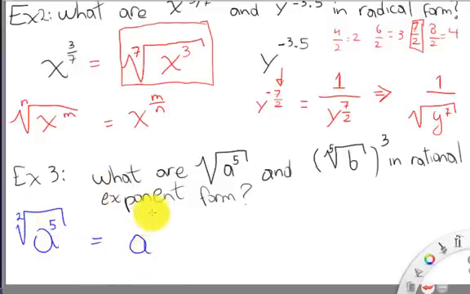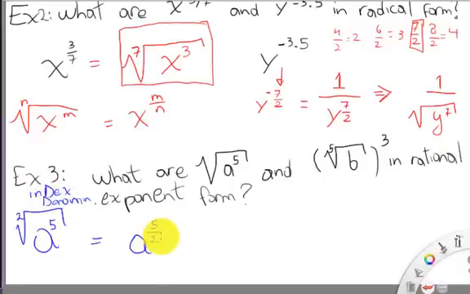The exponent inside is the numerator, and the index, remember, index has a d, is my denominator. That's how you can remember. My index is my denominator, and that's all you have to do.